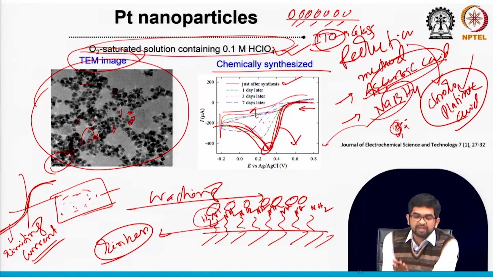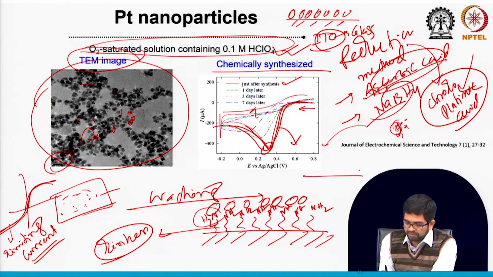So if you modify a sensor surface that depends highly on the oxygen reduction reaction, you have to be careful.